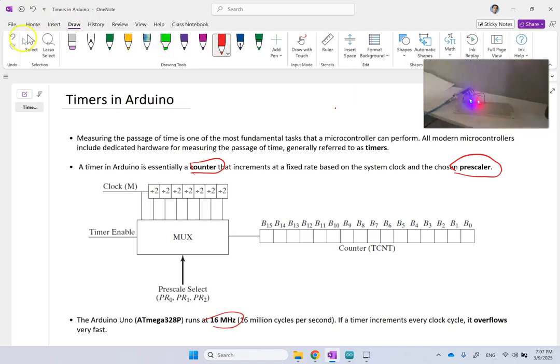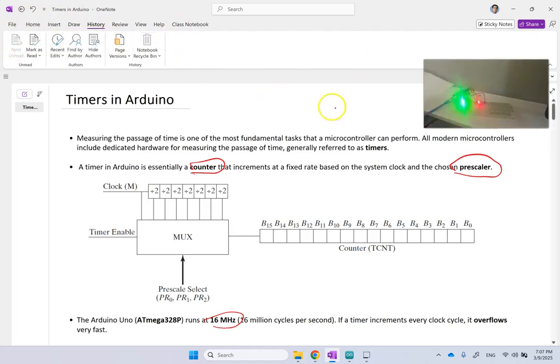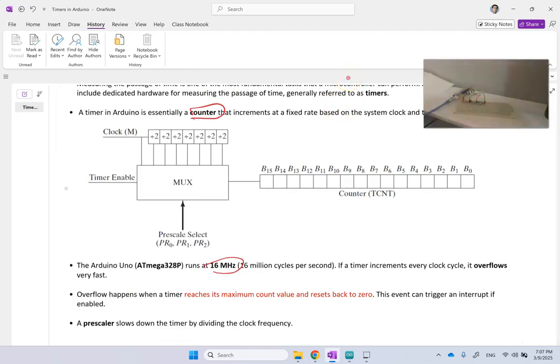So what you do is you send the clock from the Arduino, and then you can use different scalars, which is basically a power of 2. That is similar to constantly dividing by 2. Sometimes you might, like in this case, see 2 to the 7, and 2 to the 7 is basically 128, correct?